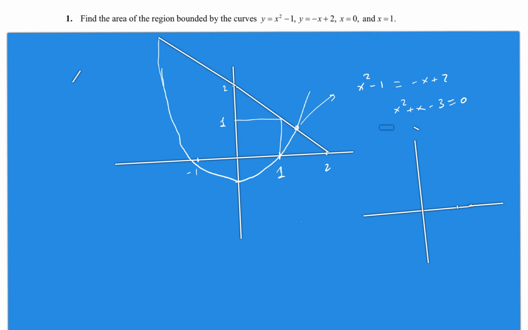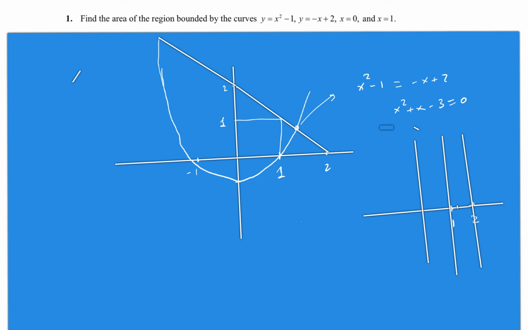The line x equals 1 is a vertical line that passes through x equals 1. The line x equals 2 is a vertical line passing through x equals 2, so it's the set of all the points where x equals 2.